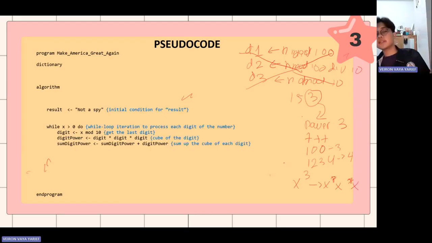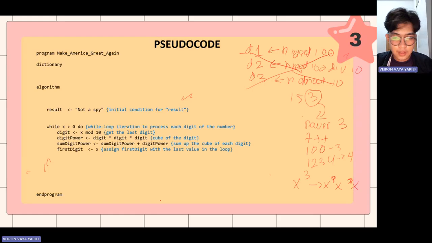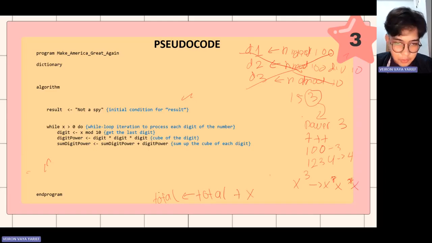And the next thing, we need to sum digit power plus digit power. Why do we do this? Maybe you guys are familiar with this. Total is total plus x. Okay. Focus on the total variable, which is a sum variable.